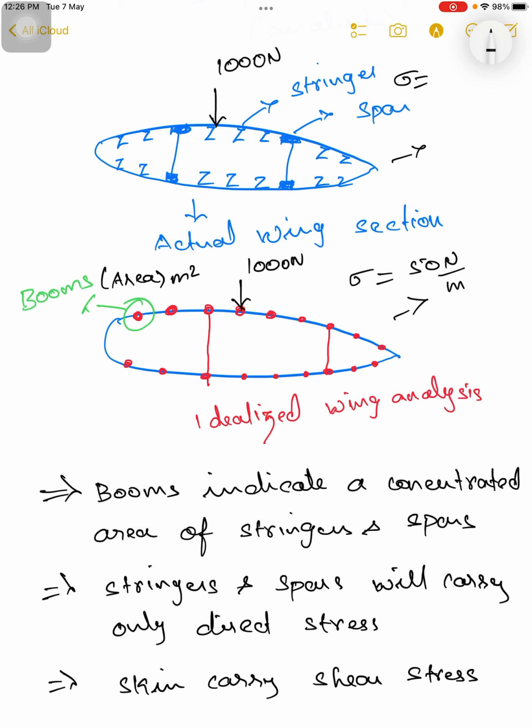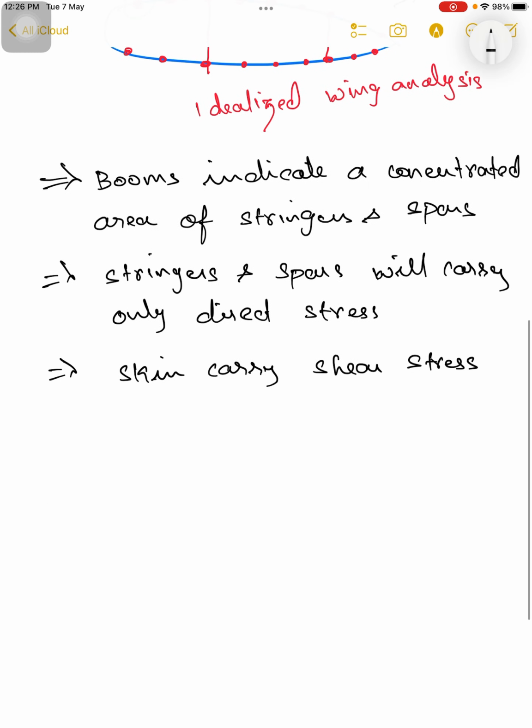For example, if the idealized one gives 50 Newton per meter square, the actual one also has to give 50 Newton per meter square, or with a small variation. So it has to behave in the same or a similar manner. Okay, so these are the assumptions we made.